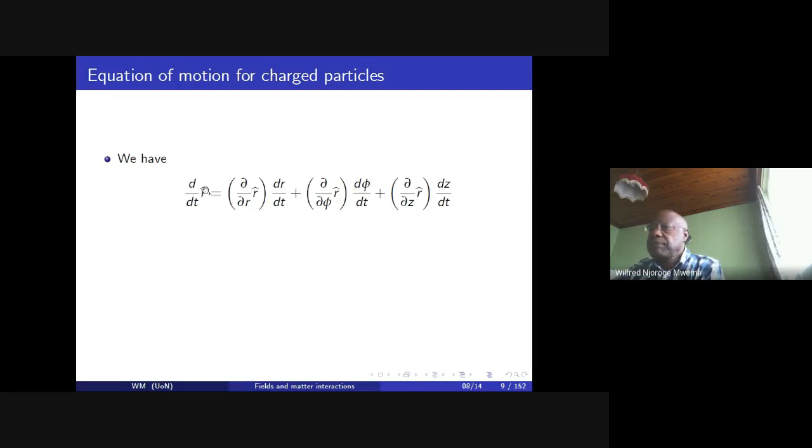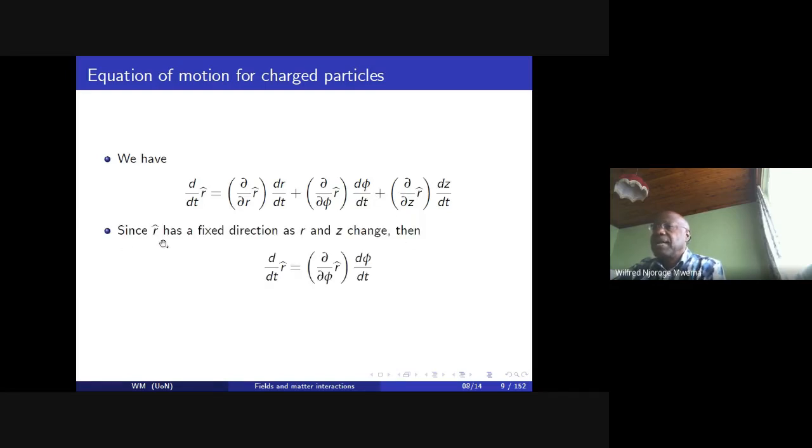So d dt of r cap can be expressed, using the chain rule, as the derivative of r cap with respect to r multiplied by the derivative of r with respect to t, that is the radius, so to speak, plus the derivative with respect to the azimuthal angle, and its derivative there, and so forth.